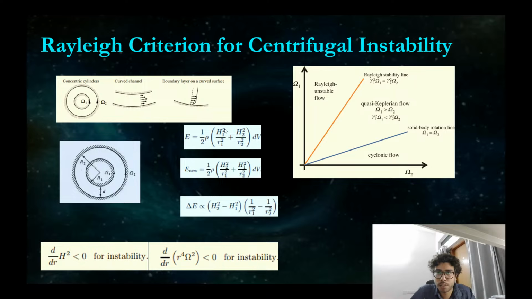So h square is r to the power 4 omega square, and therefore h is basically omega r square, or r square omega. So it is angular momentum per unit mass.